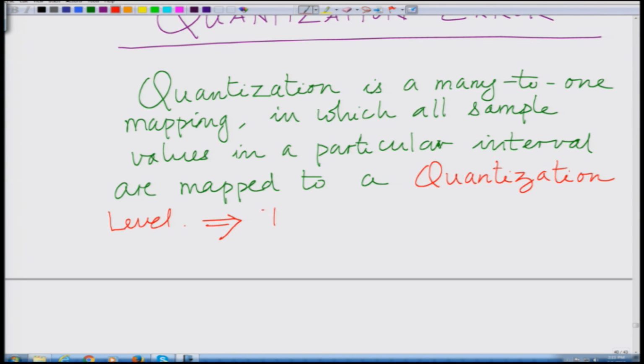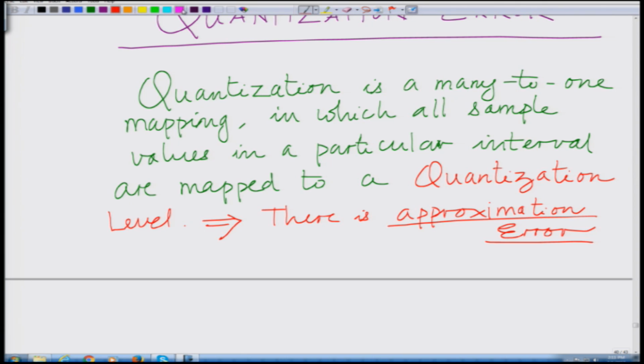This implies that there is error. Well, there is an approximation error. Quantization is nothing but approximation. There is an approximation error in this approximation, which is termed as quantization error, because we are mapping a large number of samples, approximating them by a single quantized value, that leads to an error, that is termed as quantization error.